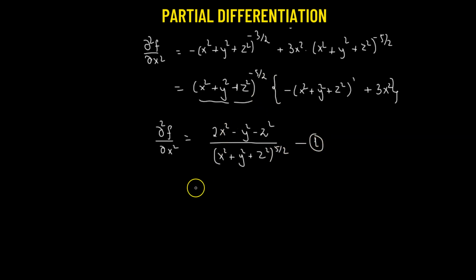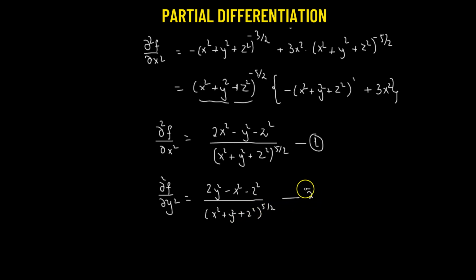Now using a similar format, we can also obtain the second partial derivative of f with respect to y, and this will give us 2y squared minus x squared minus z squared divided by (x squared plus y squared plus z squared) raised to the power of positive 5 over 2.